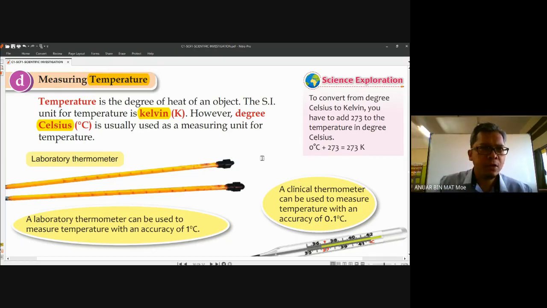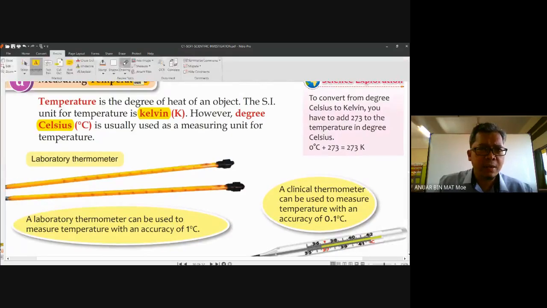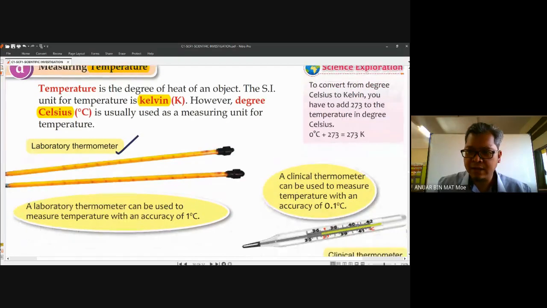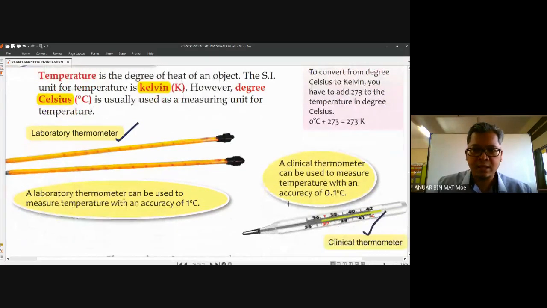Okay, so what is the measuring tool? Number one, we have laboratory thermometer, and then we have the clinical thermometer. A laboratory thermometer can be used to measure temperature with accuracy of 1 degree.